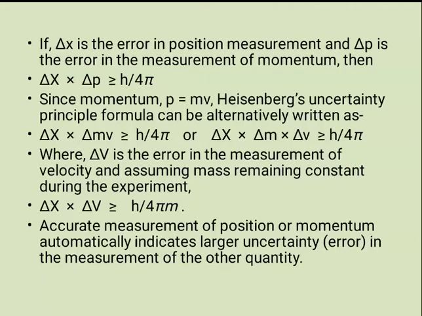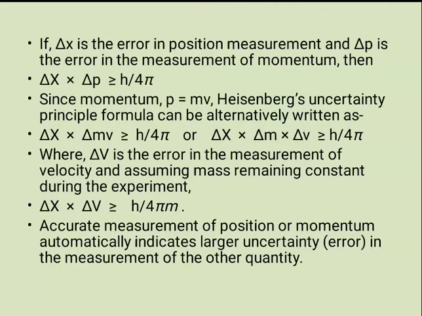Similarly, if delta p is very small, that means we can measure the momentum or the velocity accurately, but then the uncertainty in measuring the position will be maximum. But if delta x is 0, then the position can be located with absolute accuracy, but delta p will be infinity. That means the momentum of the microscopic particle cannot be measured at all.